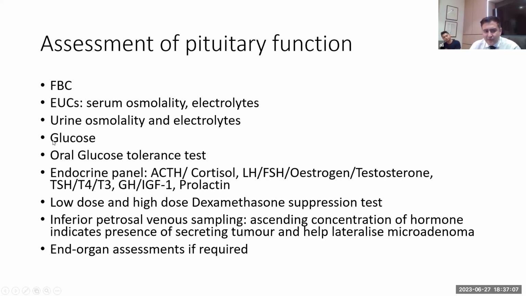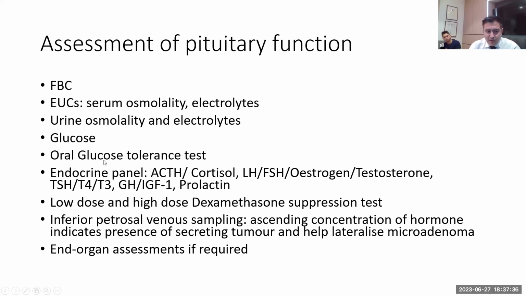So assessment of glucose level is part of your assessment of the pituitary function. An oral glucose tolerance test is relevant to the diagnosis of diabetes, but it is also an important component of assessing patients with acromegaly, because giving a person a dose of glucose should suppress their growth hormone.